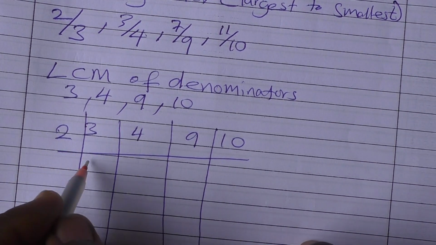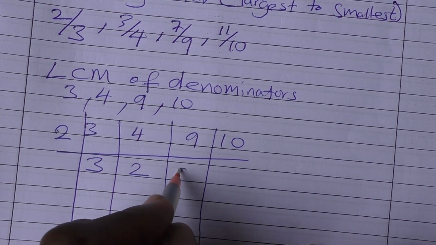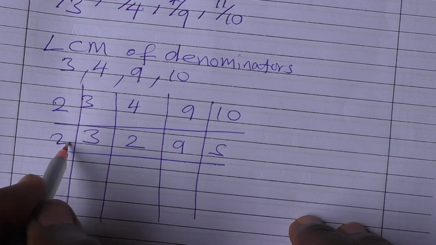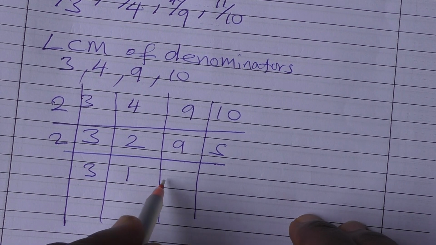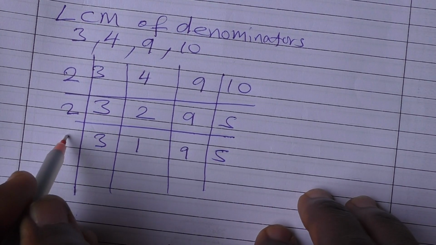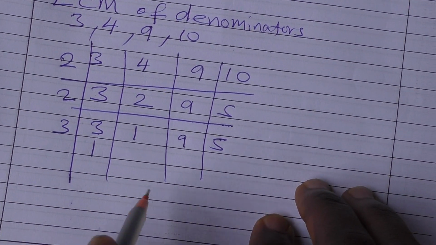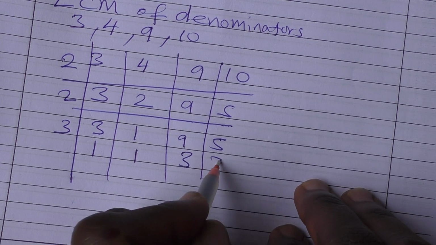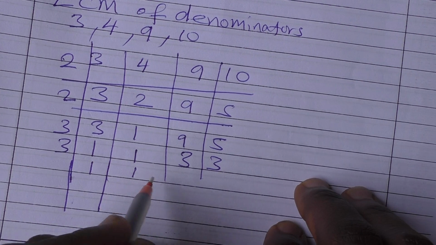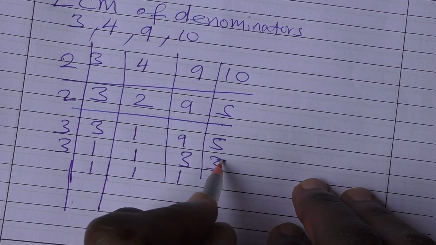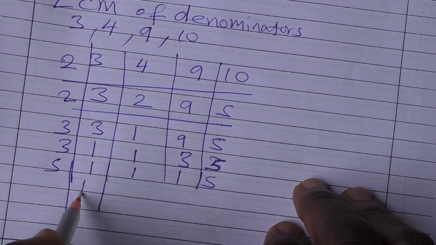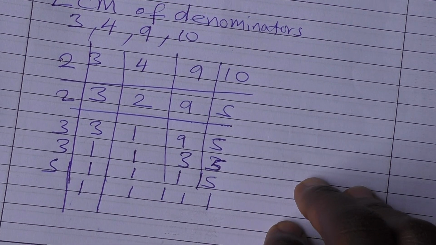By 2, you get 3, 2, 9, 5. Still by 2, you get 3, 1, 9, 5. Then by 3, you get 1, 1, 3, 5. Still by 3, you get 1, 1, 1, 5. And lastly by 5 to give us 1, 1, 1.